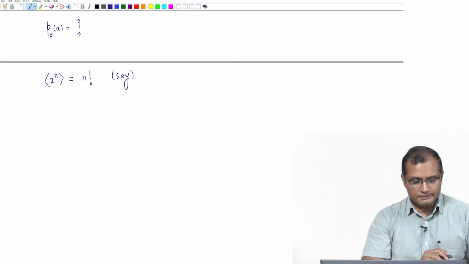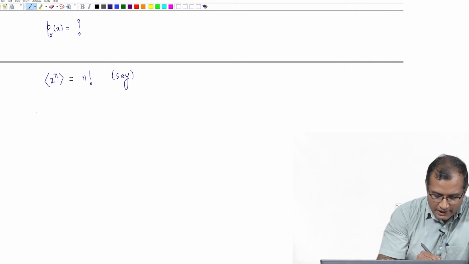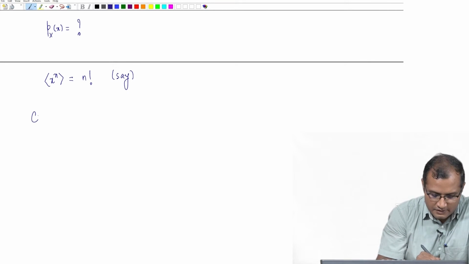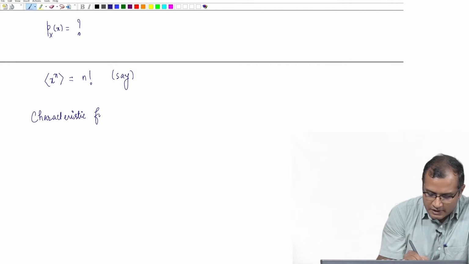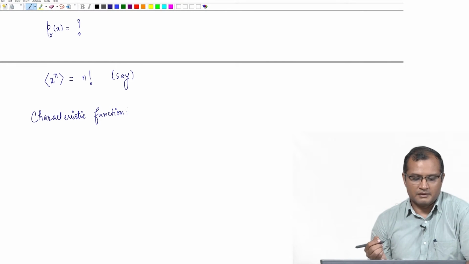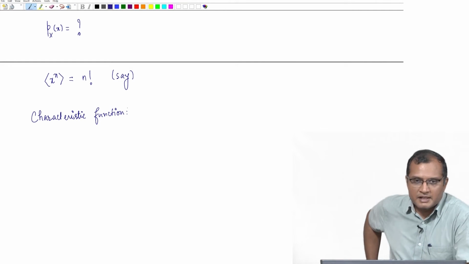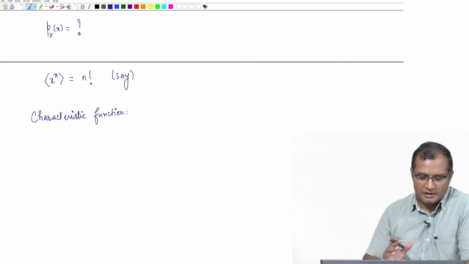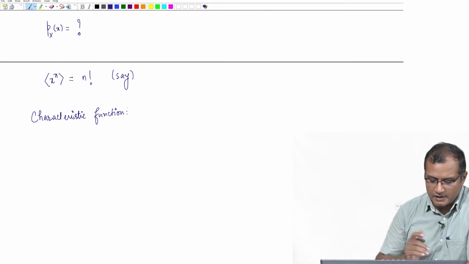All right. So, now I can start with the characteristic function, which is a very important feature. By now, you should know that this function has a very important place in probability theory.